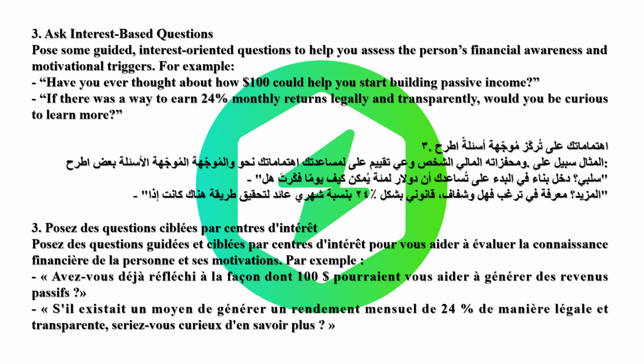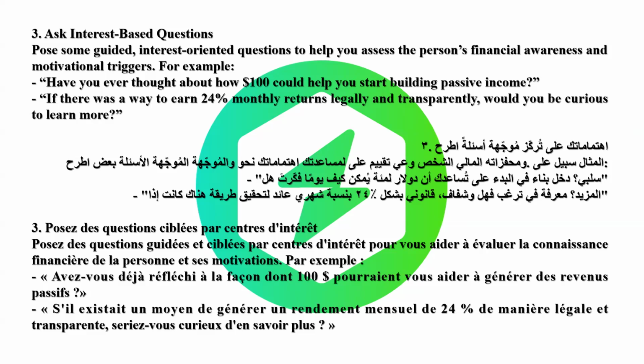Okay, and then the third, ask interest-based questions. Ask some guided, interest-oriented questions to help you assess the person's financial awareness and motivational triggers. For example, have you ever thought about how $100 could help you start building passive income?